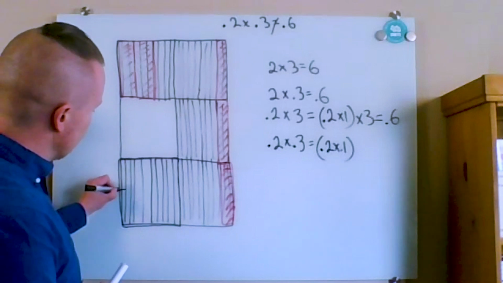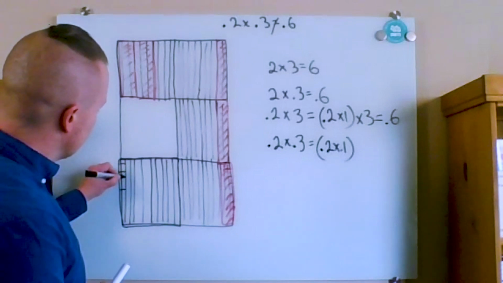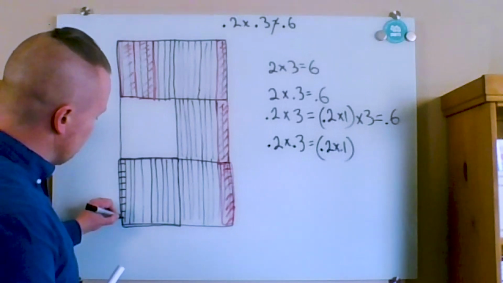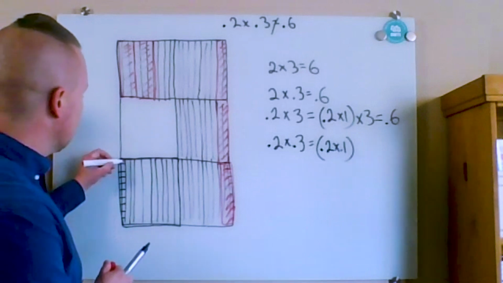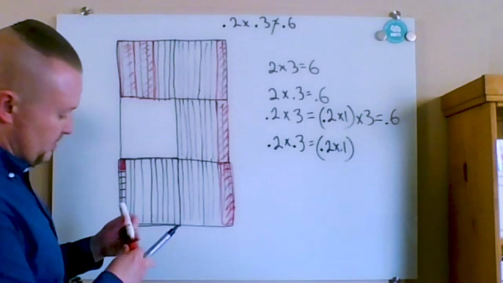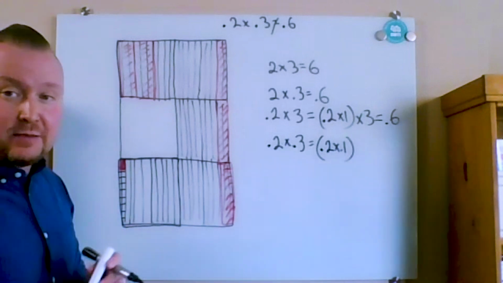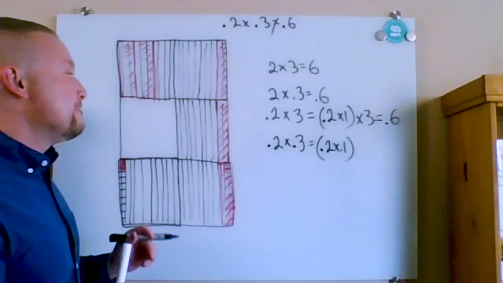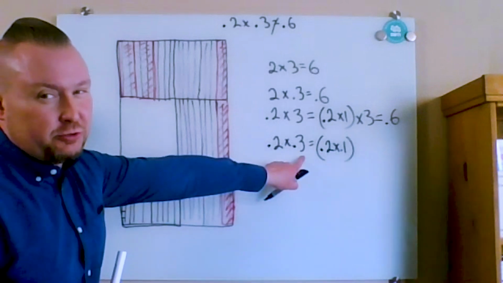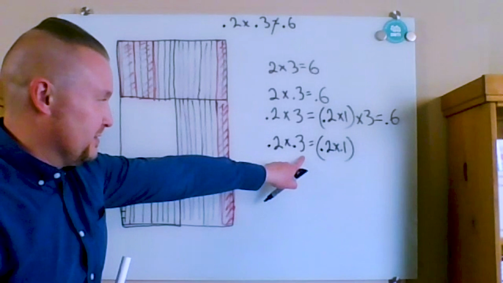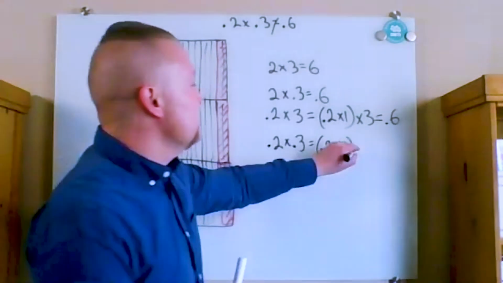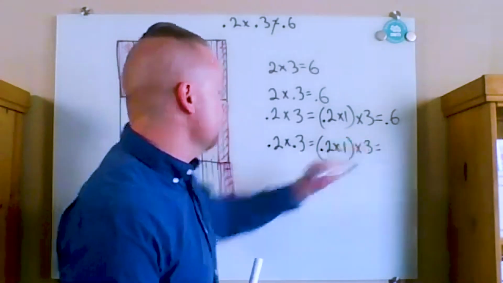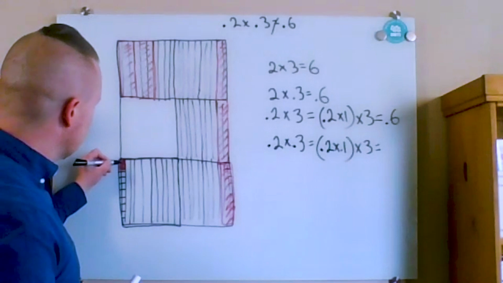So I'm going to partition this tenth. I'm going to find just 2/10 of it. Okay? Now, we're not going to name those units just yet. But that wasn't our problem. Our original problem is 2/10 of 3/10. So I need to repeat this process 3 times.